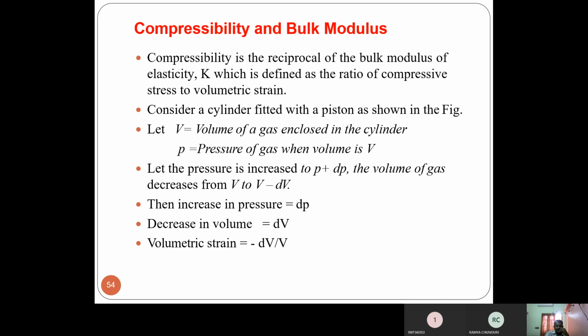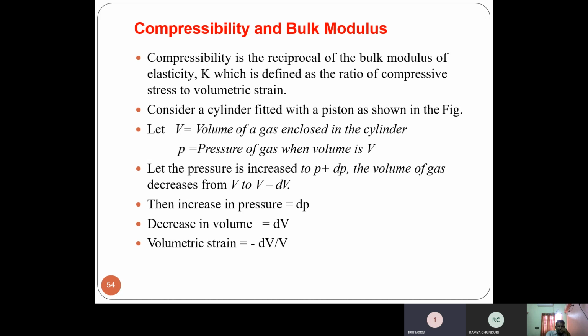What is meant by volumetric strain? Volumetric strain is the decrease in volume, or change in volume, by the original volume. Change in volume is minus dV, and original volume is V, so volumetric strain is equal to minus dV by V. In strength of materials also we get strain: change in length by original length is equal to strain.